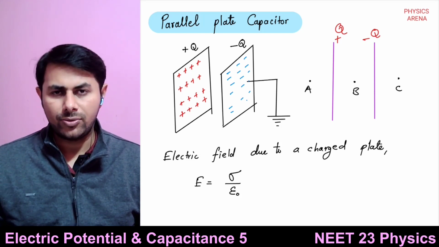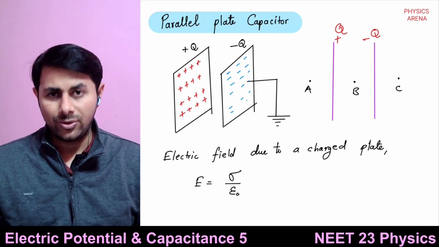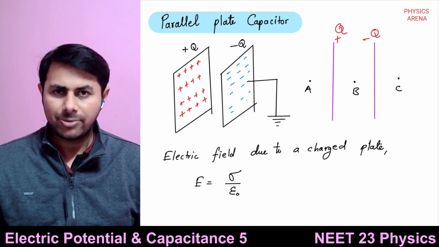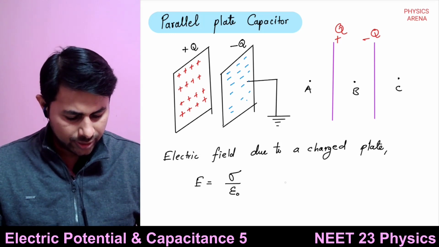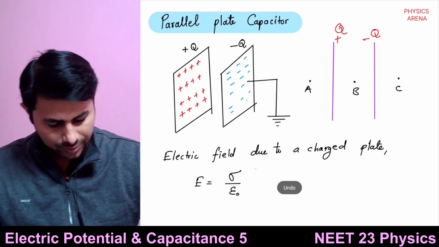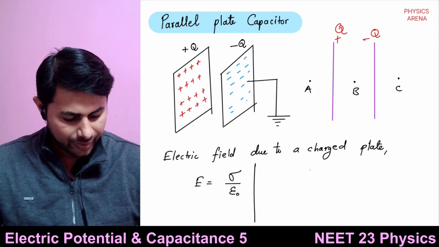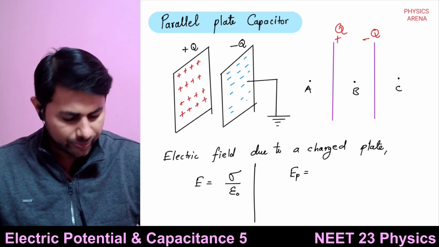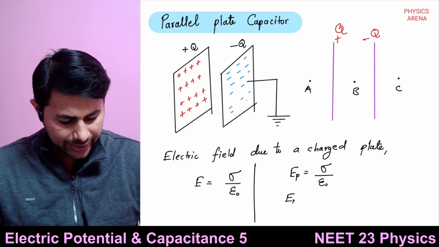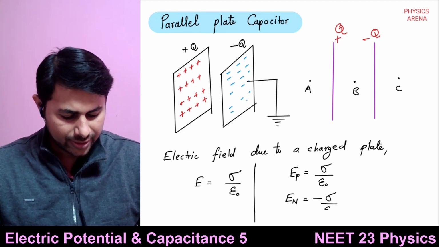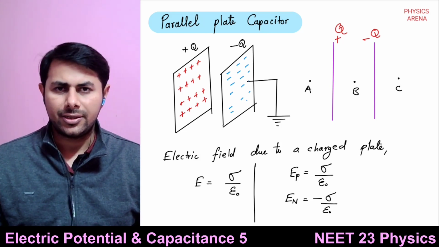So the electric field due to the positive plate will be sigma upon epsilon naught, and due to the negative plate will be minus sigma divided by epsilon naught. Suppose both plates are identical, so the magnitudes of EP and EN are equal.